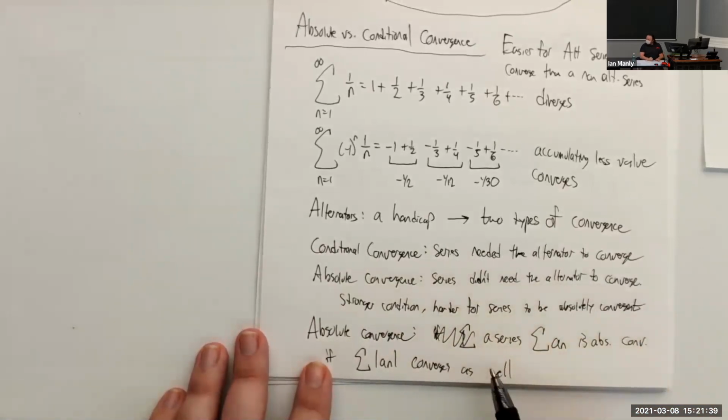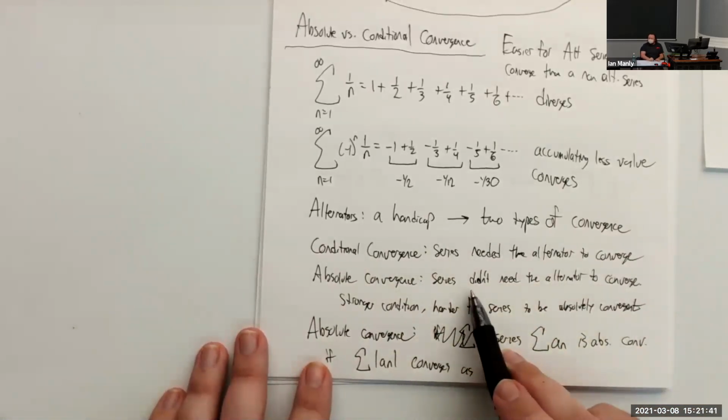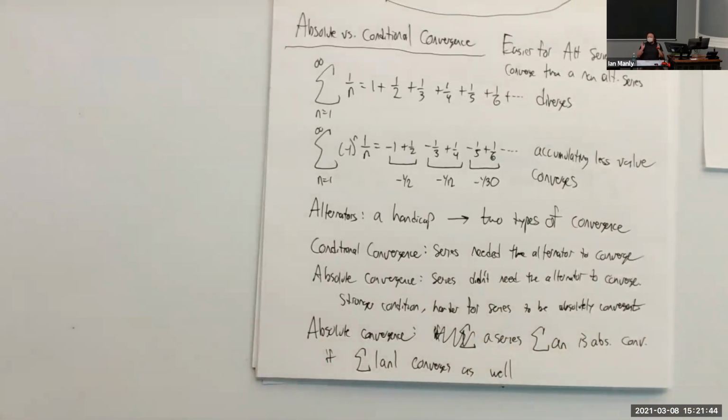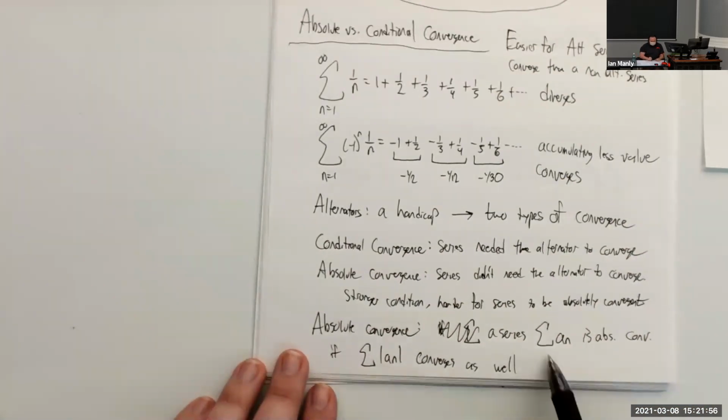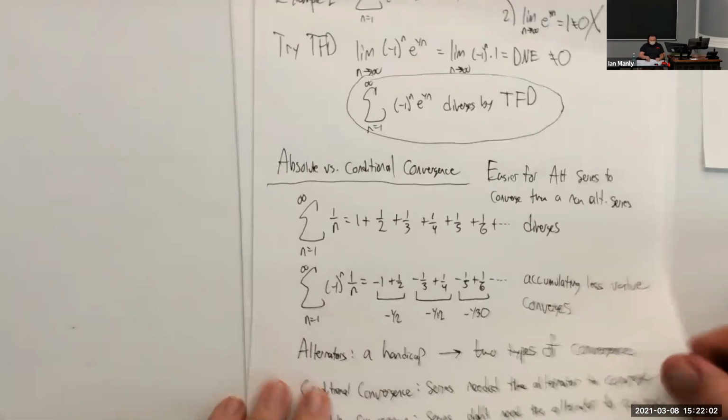So how is this the same as what's going on up here? Well, putting an absolute value onto your series is effectively getting rid of the handicap, because if you put an absolute value on your (-1)^n, that's going to go away. But if you were able to survive that, if you not only converged when you had your alternator but also when you got rid of it, then you're absolutely convergent. Whereas conditional convergence doesn't survive such a transition.